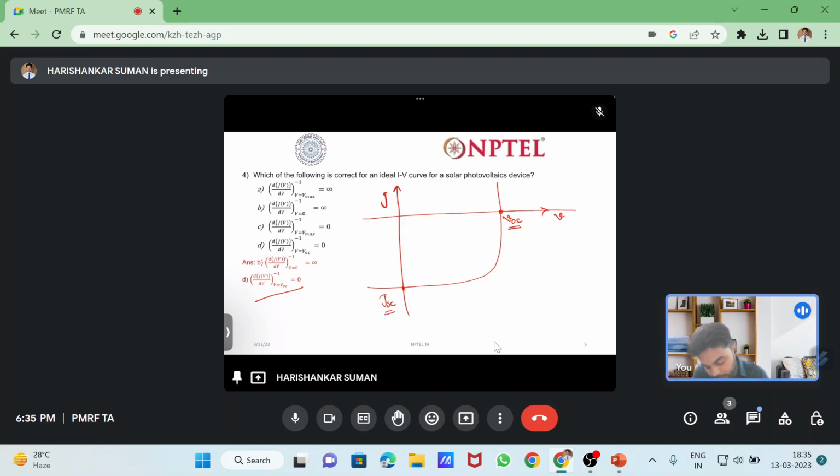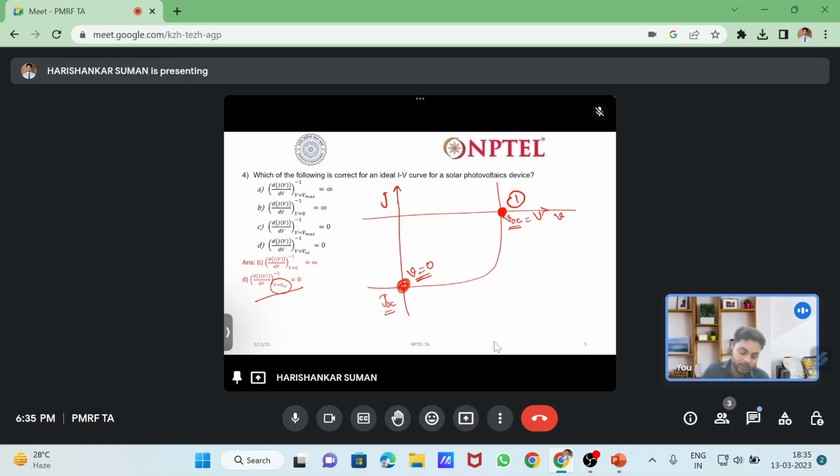We have to take the derivative at V equal to VOC, at this point, and another at V equal to 0. Where is V equal to 0? V equal to 0 and V equal to VOC.